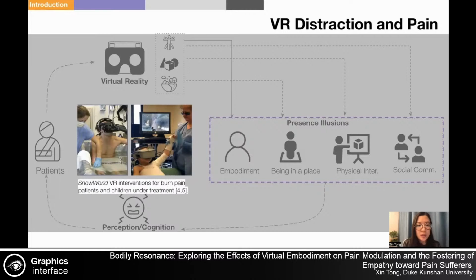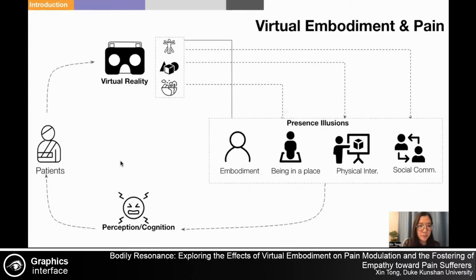In other words, the authors thought that VR could draw the patient's focal spotlight into a virtual world, providing an intense sense of immersion and shifting the patient's awareness away from their pain.